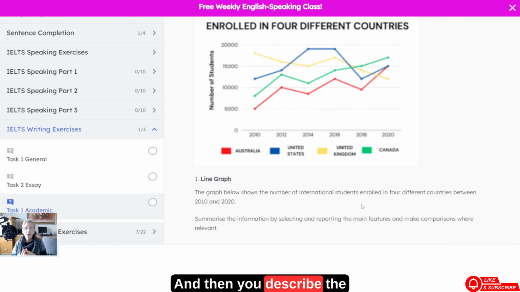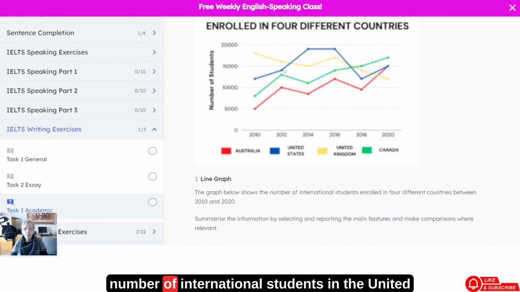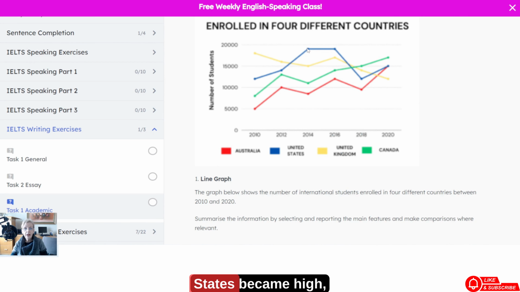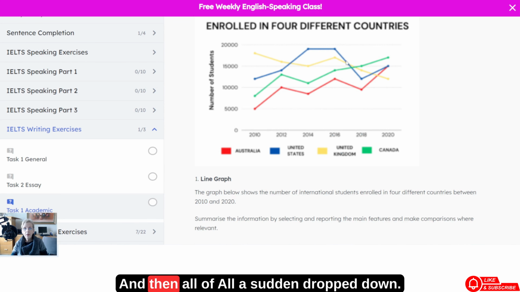And then you describe the key features, the highs, the lows, the changes. For example, what happened here? The number of international students in the United States became high, plateaued, and then all of a sudden dropped down. I wonder what happened there.